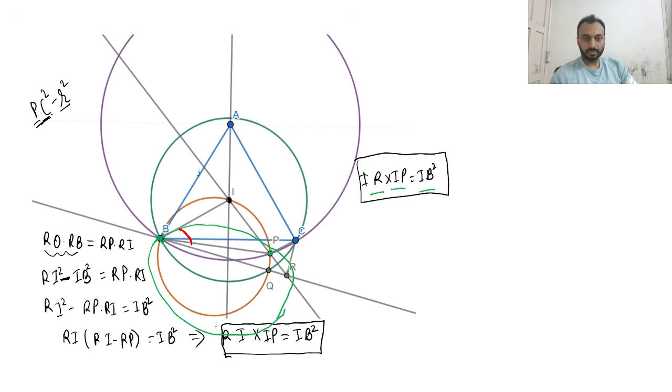Angle 1 is equal to angle 2 by the alternate segment theorem, because IB is a tangent, so IB makes an angle 1 with BP, so BP makes the same angle at R.